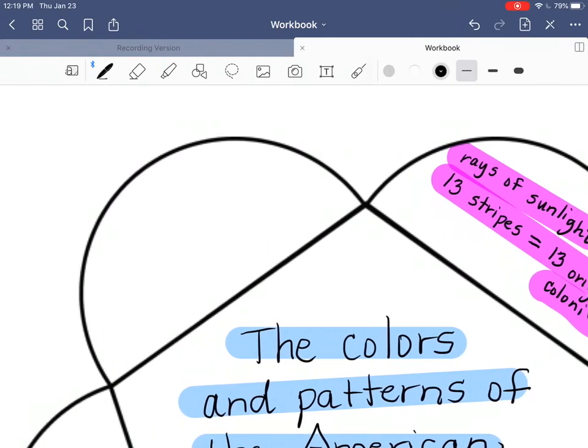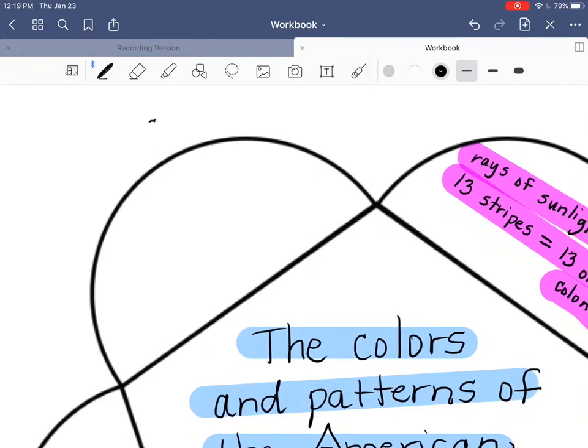Okay, let's back over to stars. So this is the flap for stars. And it tells me that there are 50 stars. Why? Because there are 50 states. There is a star for each state. And why did they choose stars? What's the purpose of a star?